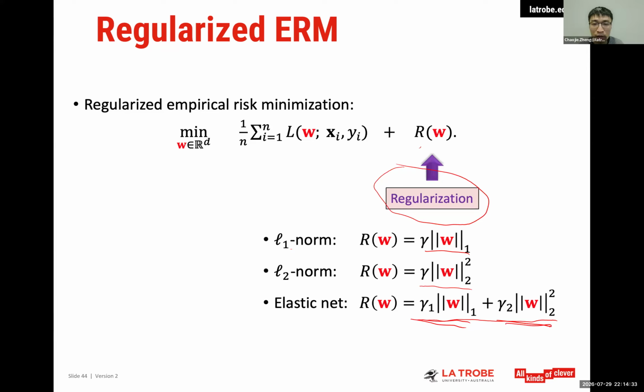So it can limit the model complexity through the L2 norm term, and it can also do the feature selection through the L1 norm term. So that the elastic net can take the advantage of both regularization methods.